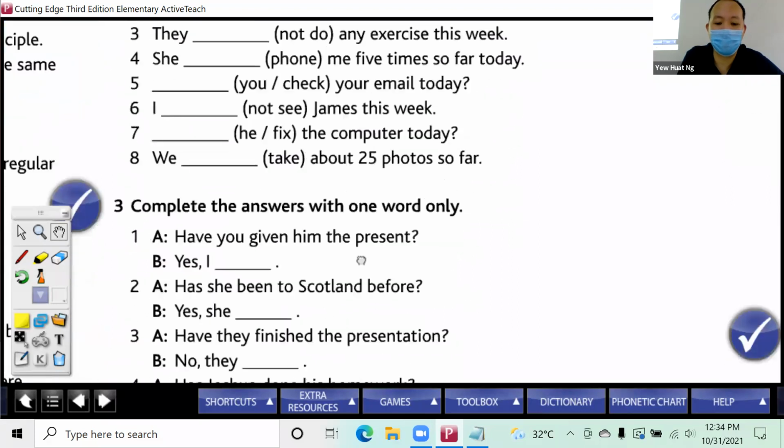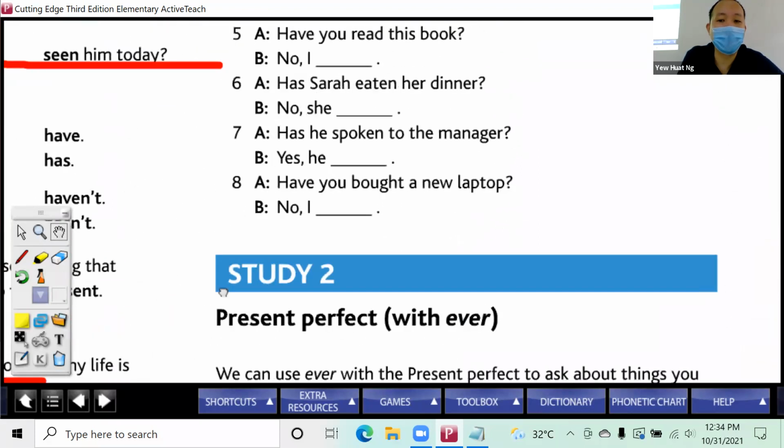Part 2 and part 3, everything. Just do, and then we'll check all the answers.